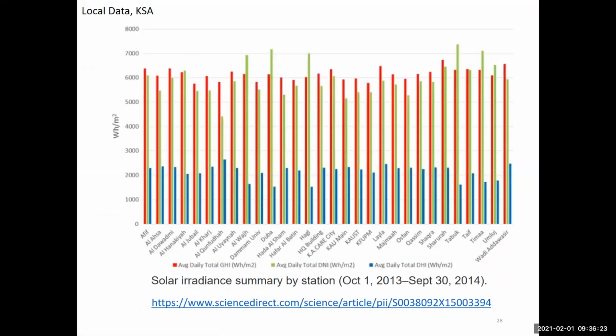And that's why these kinds of cities were selected. And I just got this information from one of the papers I was searching last night, and I found that there are data for the solar irradiation in the Kingdom of Saudi Arabia, but basically in different places within the kingdom.